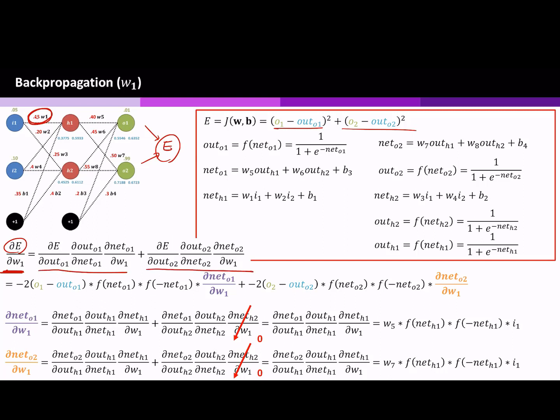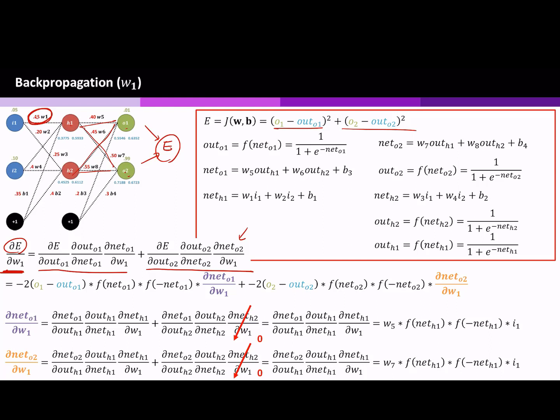But here we need this term as well, because you see O1 and O2 are functions of H1 and H2, right? Because O1 is a weighted summation of H1 and H2, and O2 is also H1 and H2.